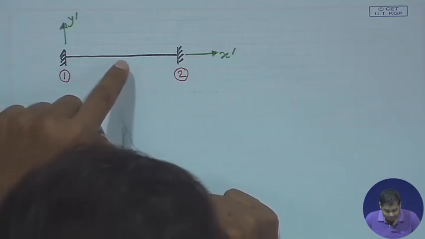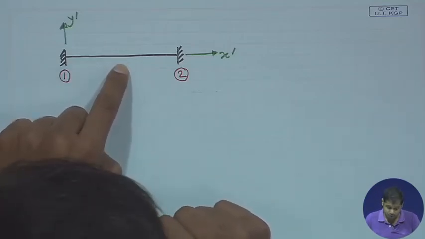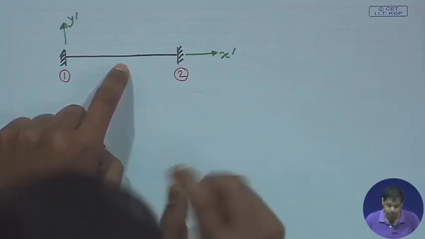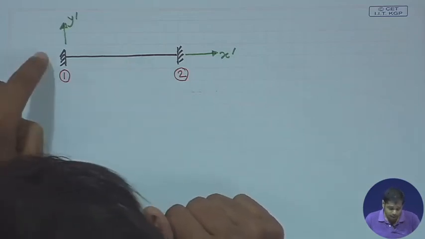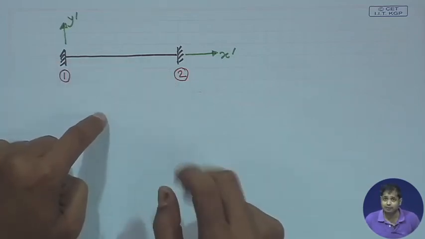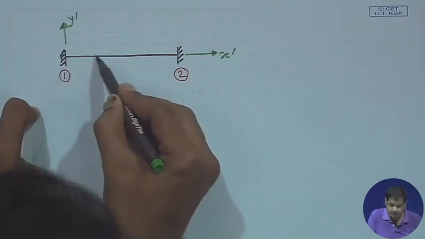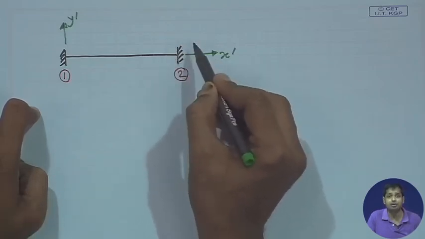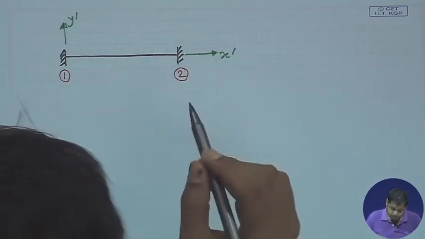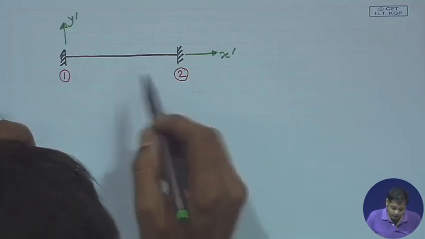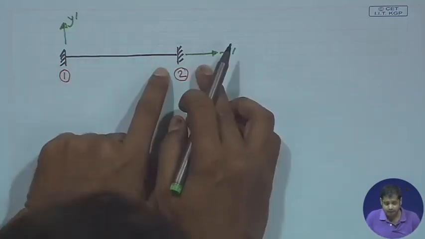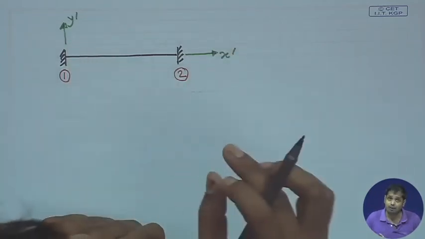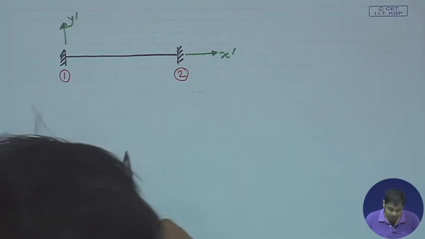In this case, there is no assumption that the force always has to be axial, with no rotation and no bending, so ideally at every point we should have 3 degrees of freedom: translation in this direction, translation in this direction, and rotation. Here 3 degrees of freedom, and here 3 degrees of freedom, a total of 6. In a plane truss in the local coordinate system, it was just 2 degrees of freedom per member.